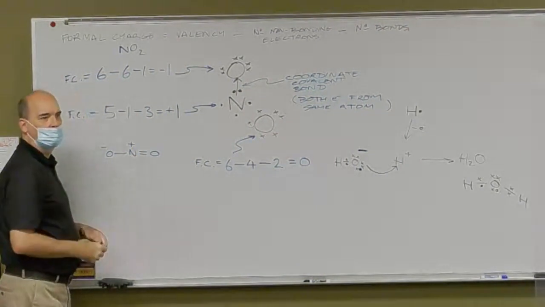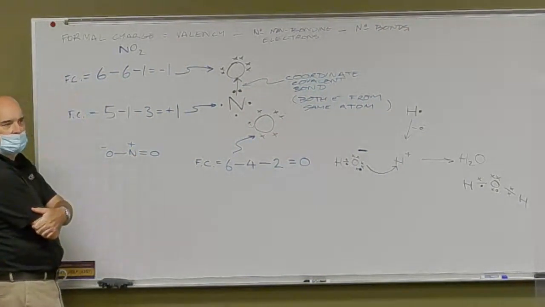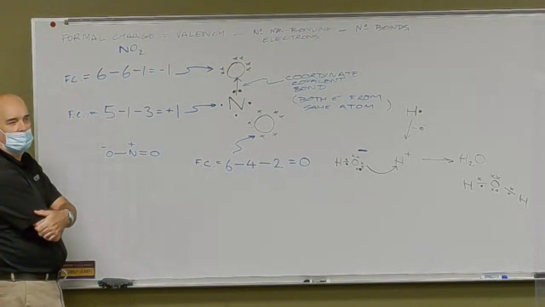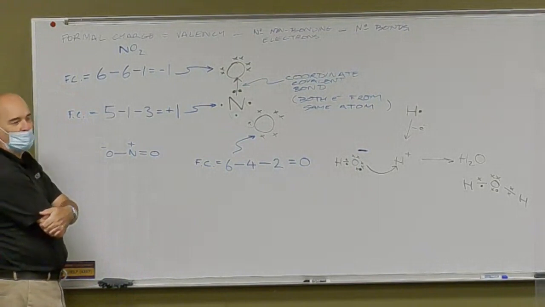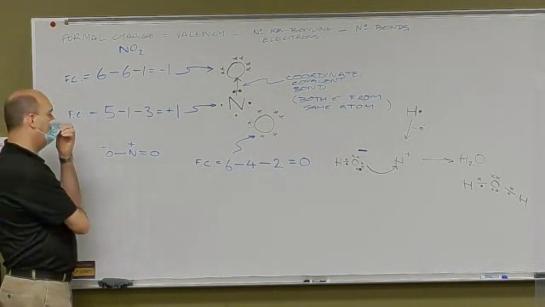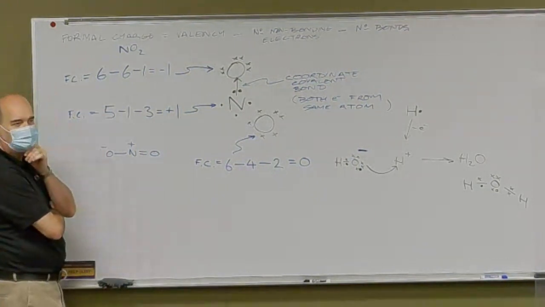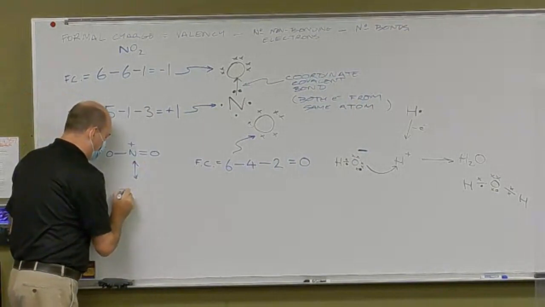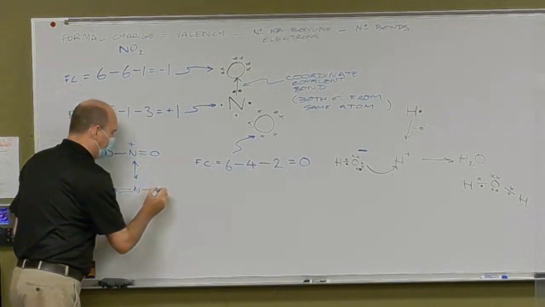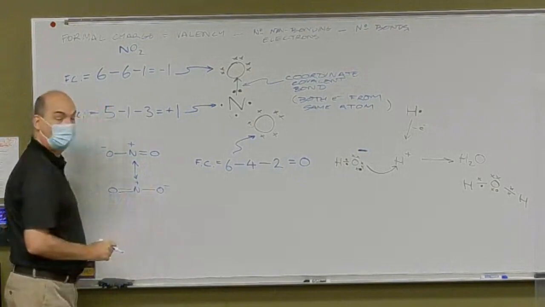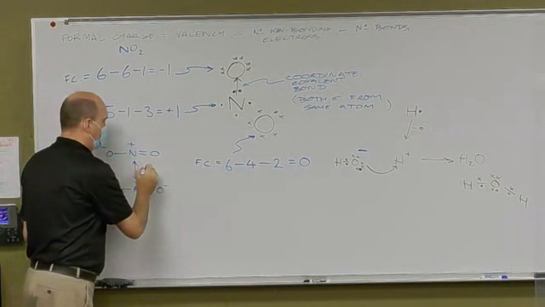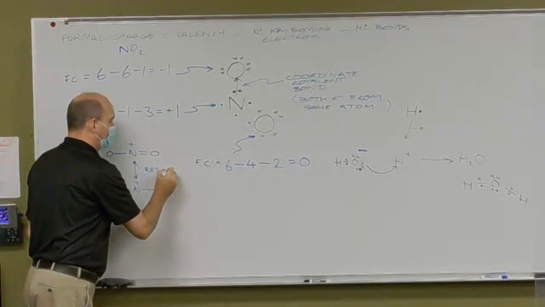So this is one representation of what nitrogen dioxide looks like. And then there's a whole section in our book that goes off on a tangent that says, how do we know which oxygen has that negative charge? And the answer is, we don't know, because they both end up taking it in turns. The electrons shuffle in a process called resonance.